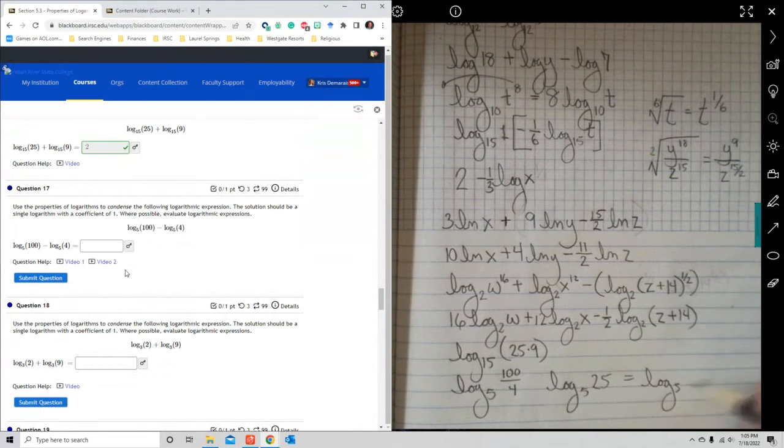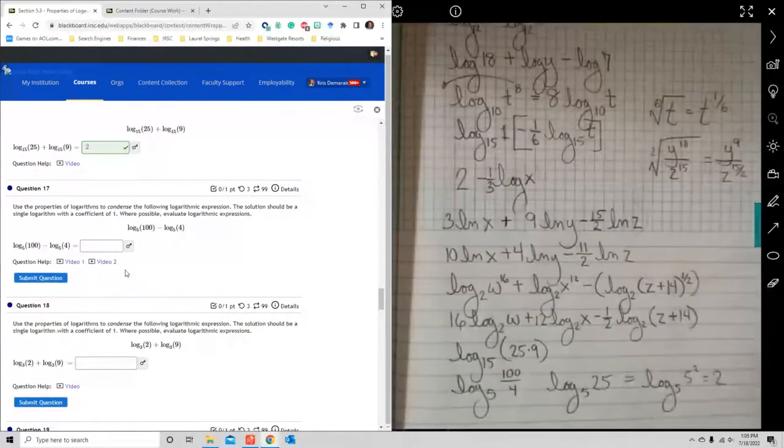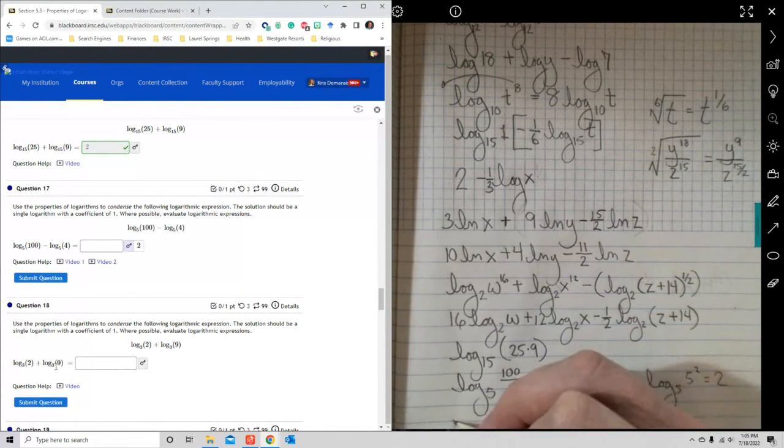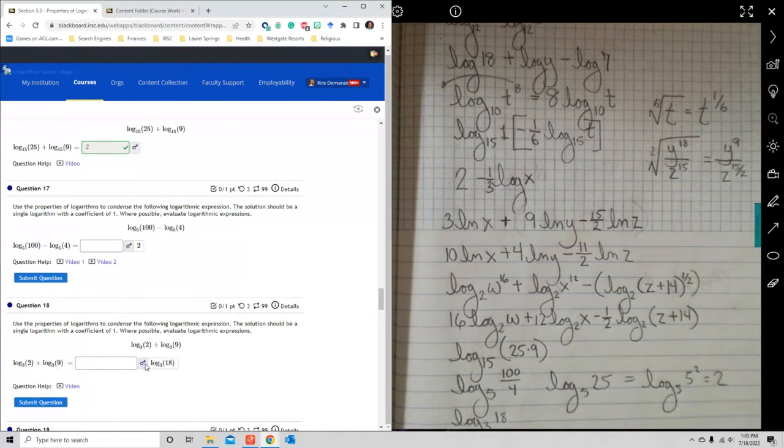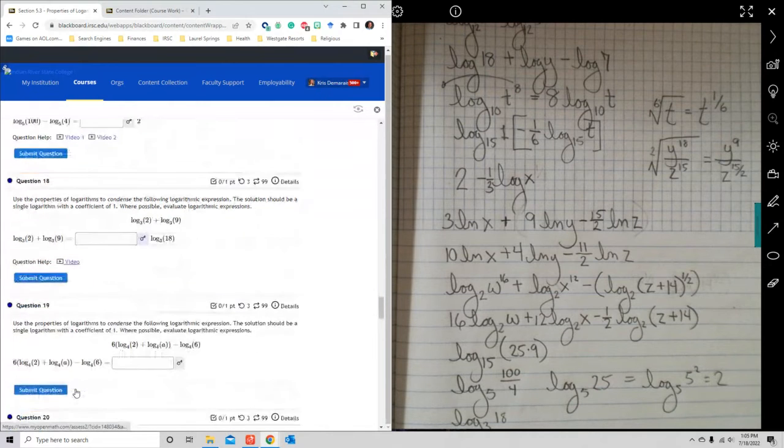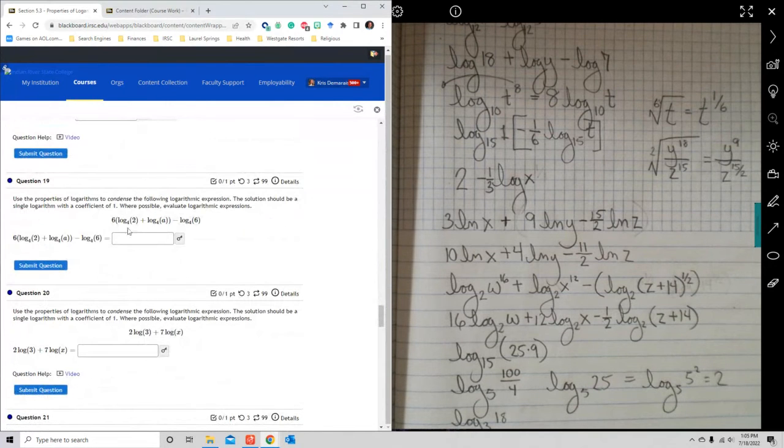So we have this, and the answer is again 2. Come on, give us something different. All right, now this one is 2 times 9, which is 18, and that one we can't do anything with because it doesn't break down.